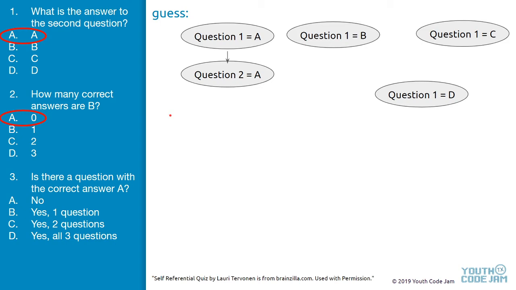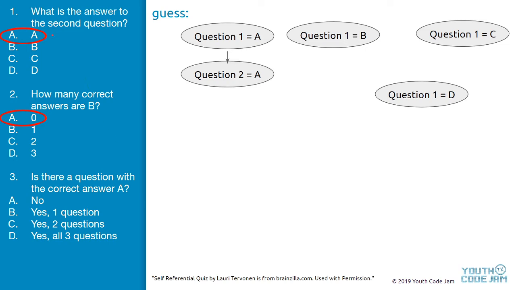All right, so then what does that say about question 3? If none of the correct answers are B, then this can't be the answer to, oh wait, let's read question 3 real quick. Is there a question with a correct answer A?